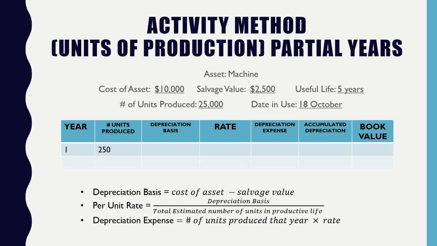And what's my per unit rate? 7,500 divided by 25,000 gives us 0.30. Okay. And then depreciation expense would be $75.